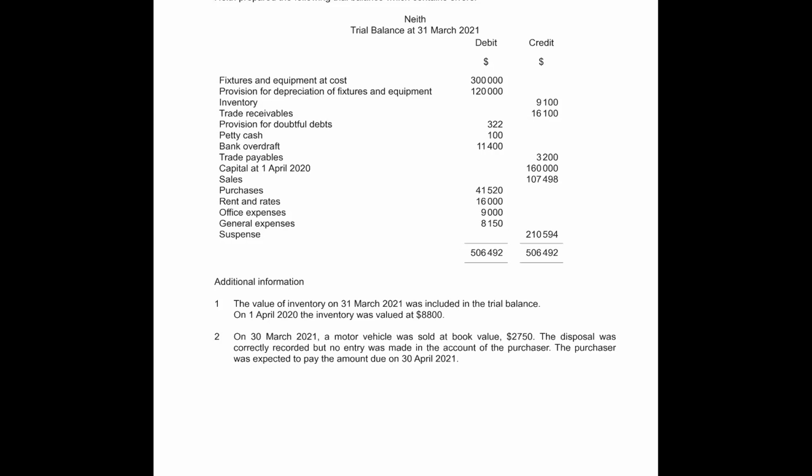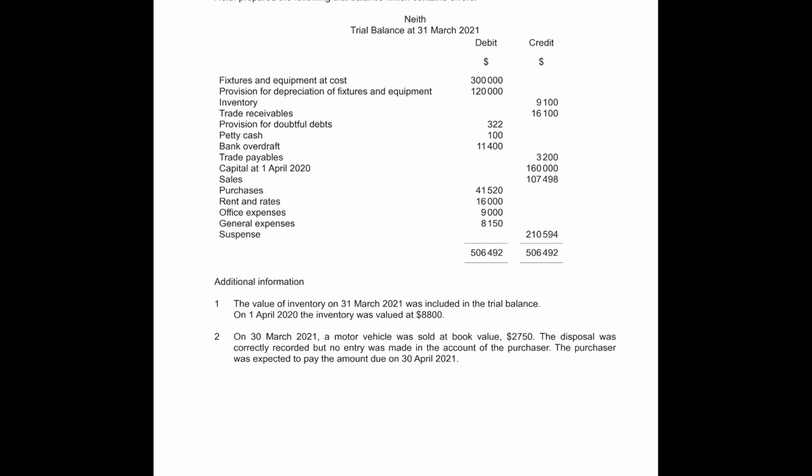So the fixtures and equipment at cost of 300,000 are assets. Being assets, they have the debit entry, so this balance shall be recorded on the debit side of the trial balance.